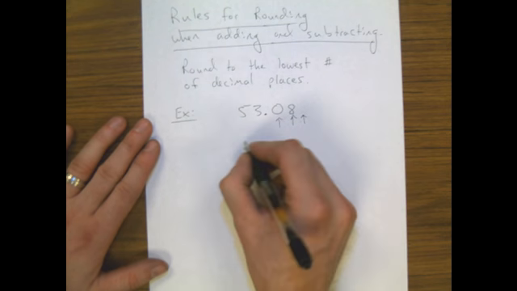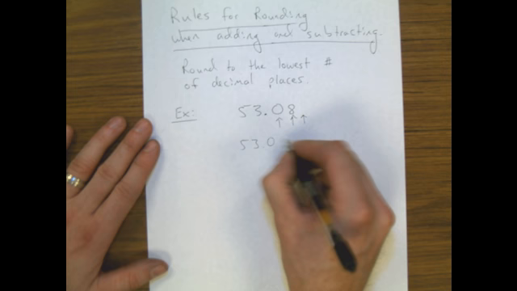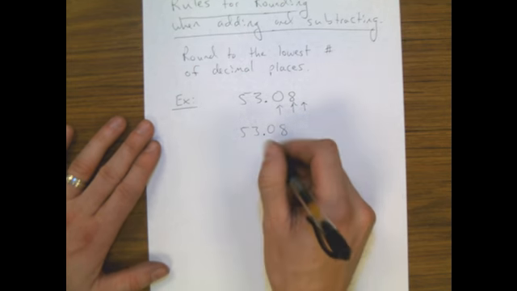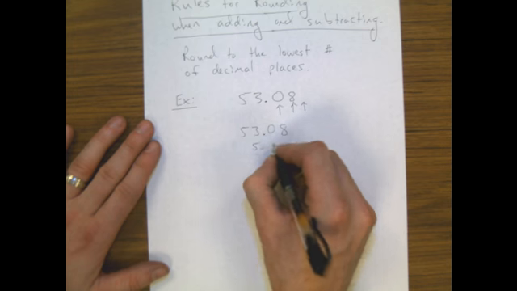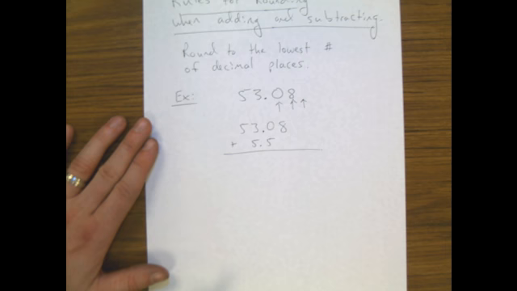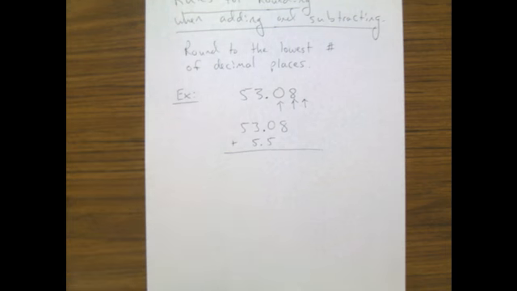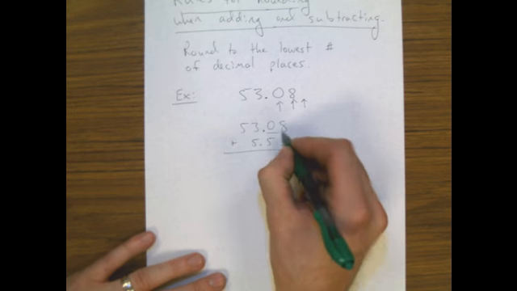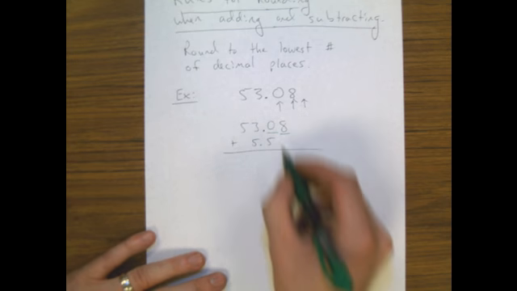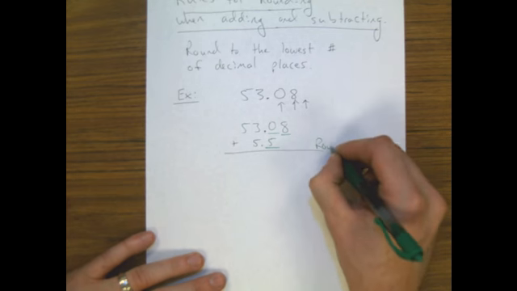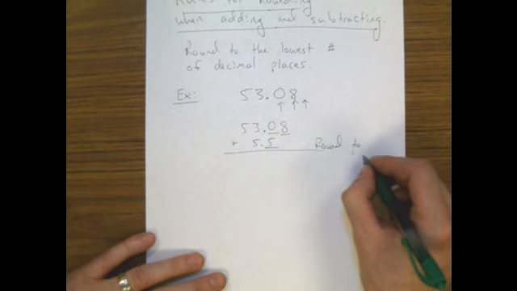Now, say I have this number, 53.08, and I add 5.5 to it. I'm going to count the number of decimal places for each of those numbers. 53.08 has two decimal places. 5.5 has one decimal place. That means in this problem, I'm going to round to one decimal place.